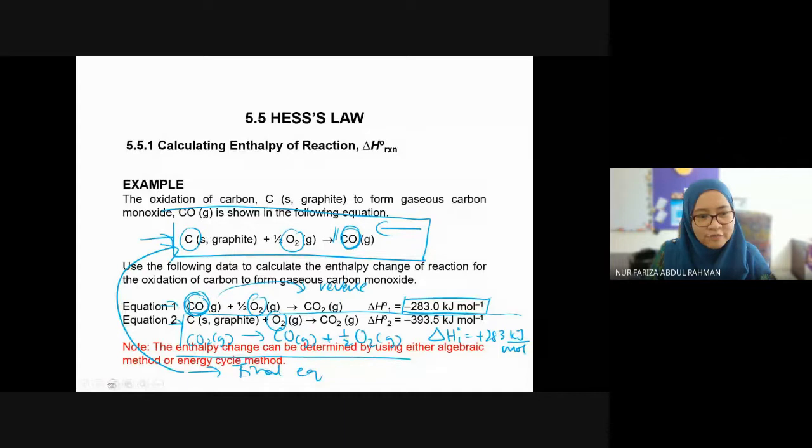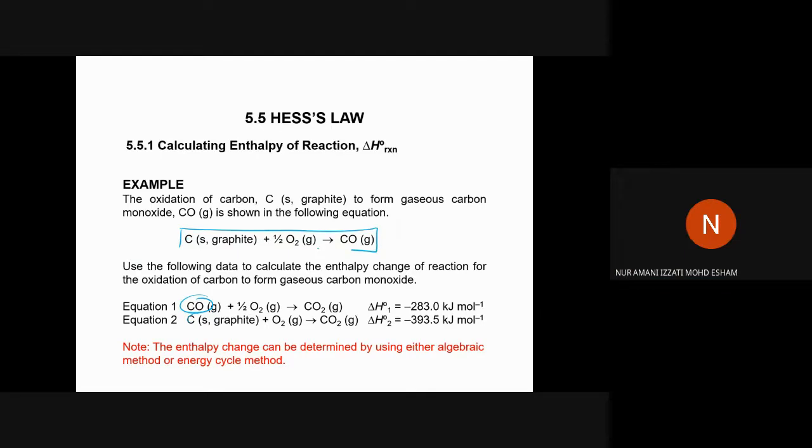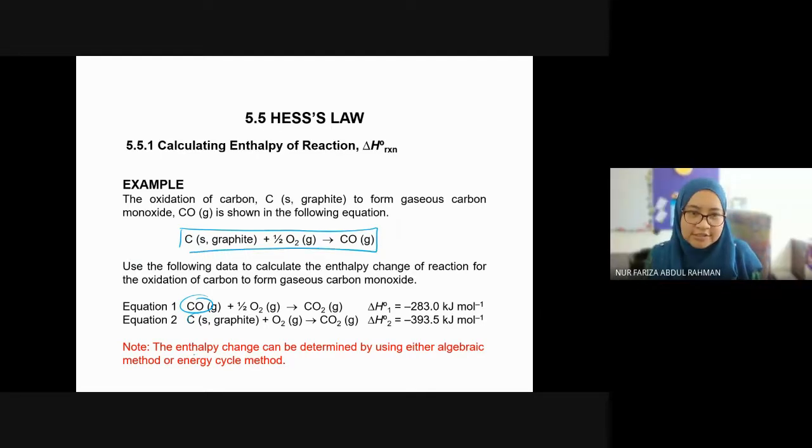Alamak dah serabut. Okay. Apa yang ada dekat sini dalam equation 1 and equation 2, their components, we do have it in the overall equation. Maksudnya dia tu interconnected. That means we can manipulate so that we have an energy cycle. Dia kena mengena lah kan.